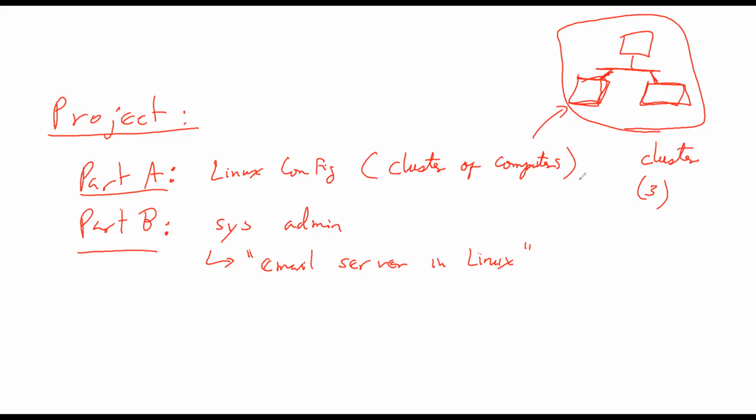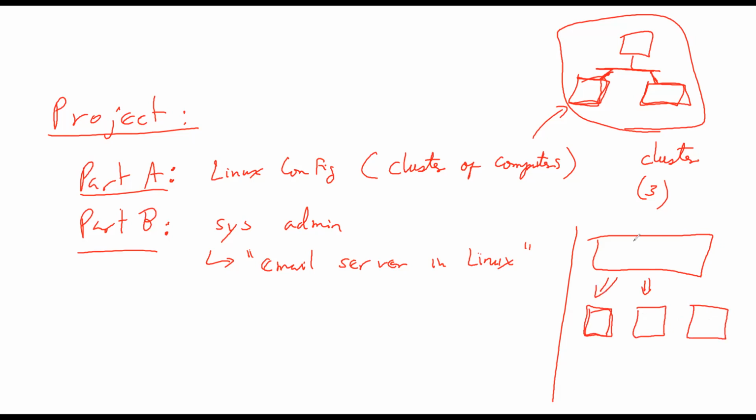This is so that you can perform specific computational tasks. Let's say I have all these books, and I need to count all the words in all these books. I could just assign this sequentially to 1 CPU, or I could break this into 3 chunks, 3 pieces, and feed these 3 pieces in parallel to the cluster.